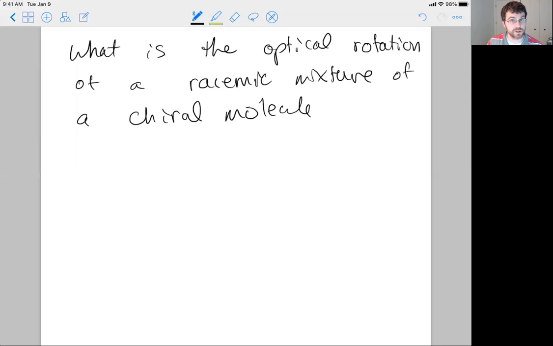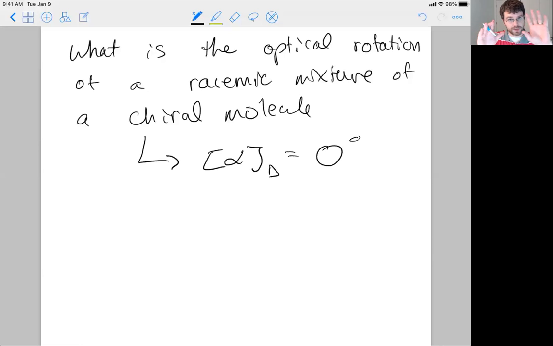The 2 enantiomers rotate plane polarized light, that is the optical rotation, in equal but opposite directions. And so if we have equal amounts of these 2 rotators, the optical rotation will be 0, really no matter how much stuff you add, you don't have to normalize it. 0 is 0.